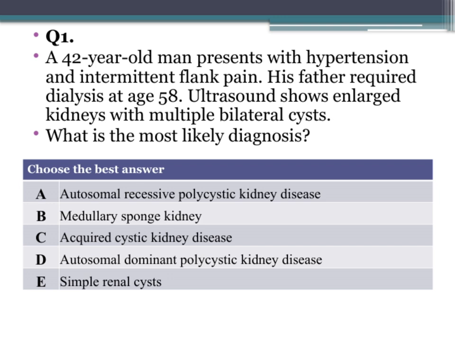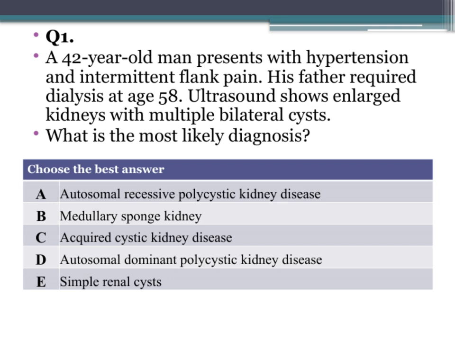It's important to differentiate this from other causes of cystic kidney disease, such as autosomal recessive polycystic kidney disease, which usually presents earlier in life, or acquired cystic kidney disease, which is more common in patients on long-term dialysis.